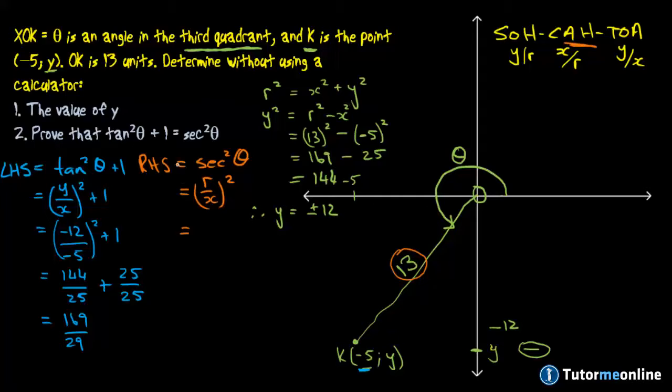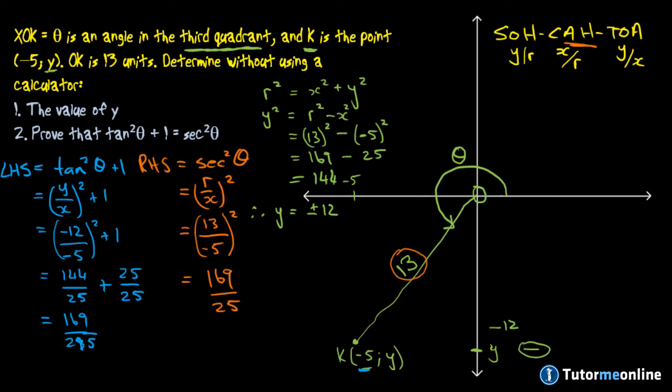R we determined to be the length of OK. Well, we didn't determine that, that was given to us. So that would be 13 over x, which is minus 5. That's squared, which gives us 169 over 25. We need to fix that so that it's not 29, it's of course 25.